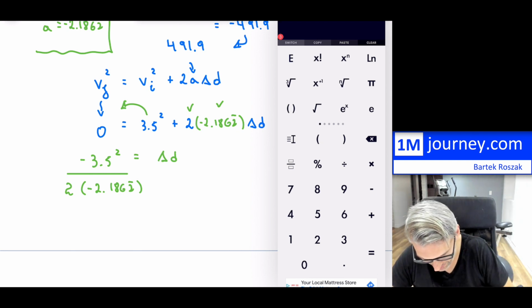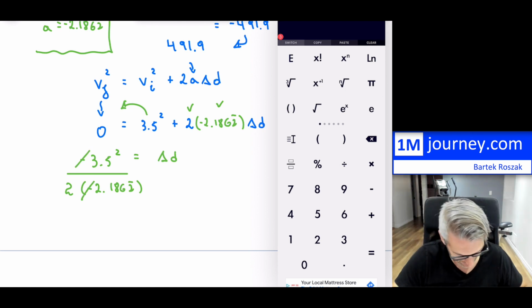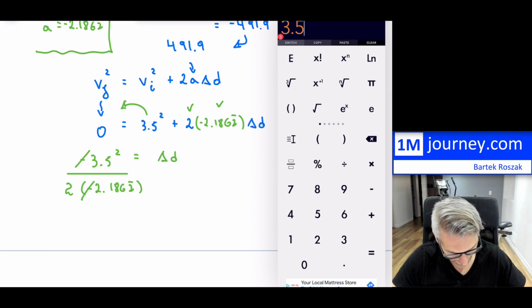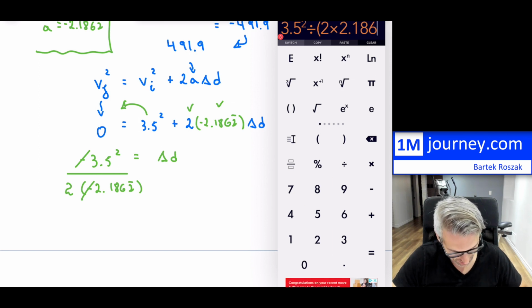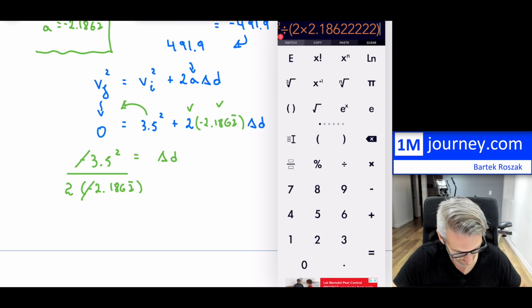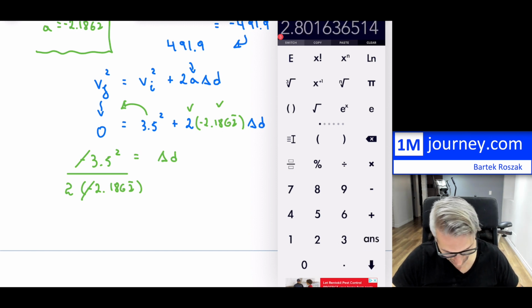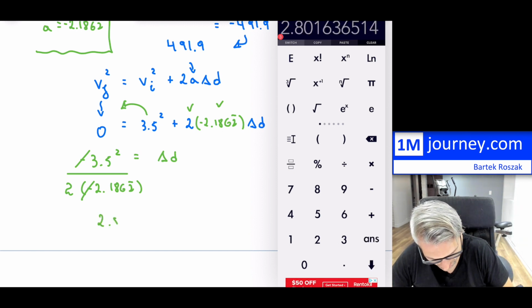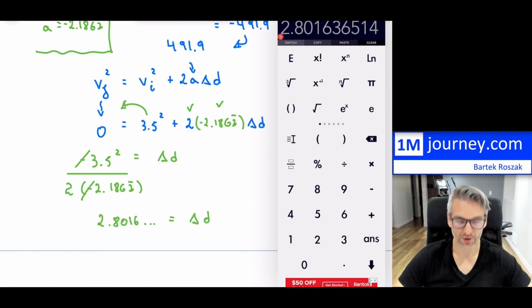The two negatives will cancel, so this is now 3.5 squared divided by 2 times 2.186 and a bunch of 2's. That's going to give you approximately 2.8016, etc. That's the actual displacement covered.